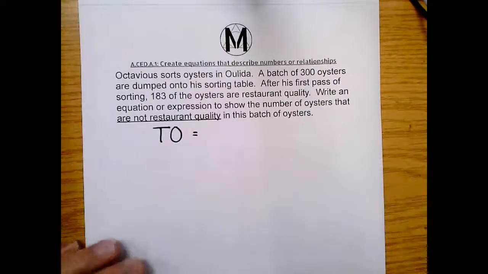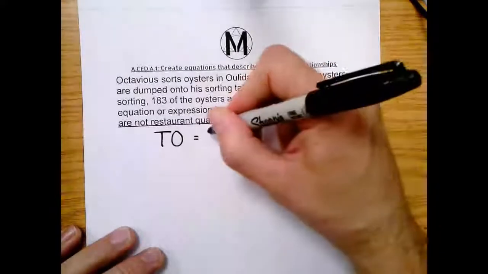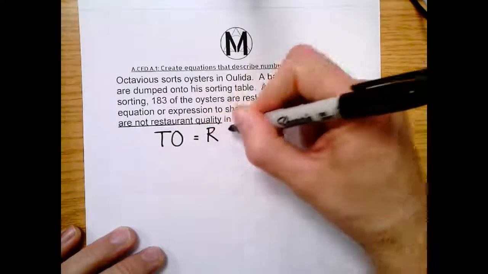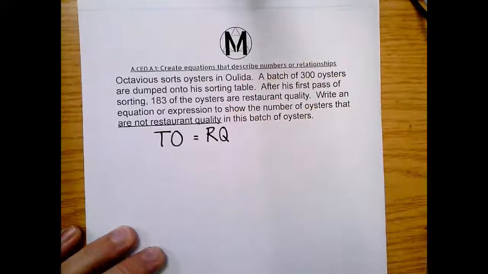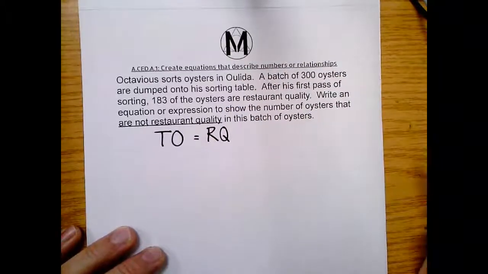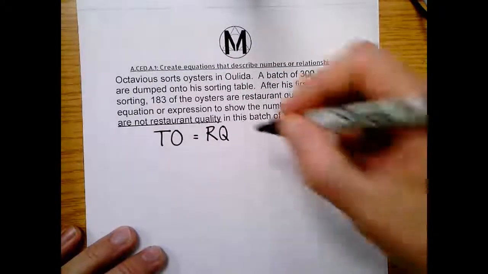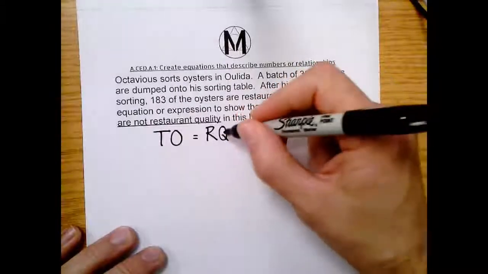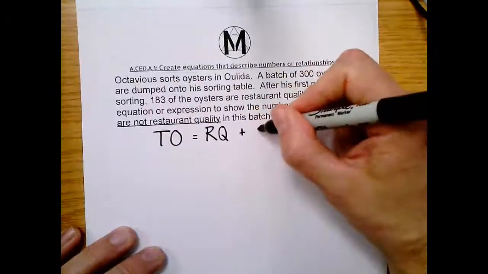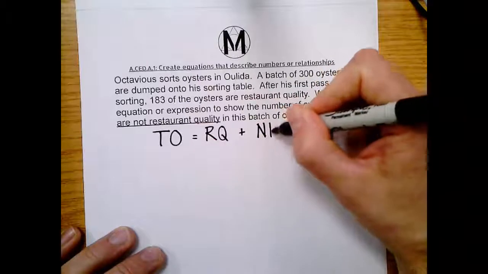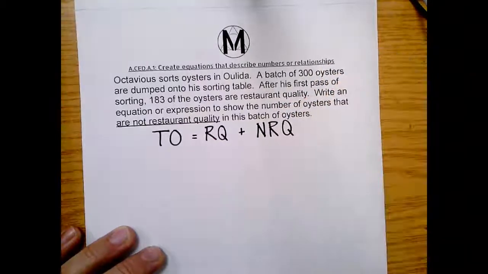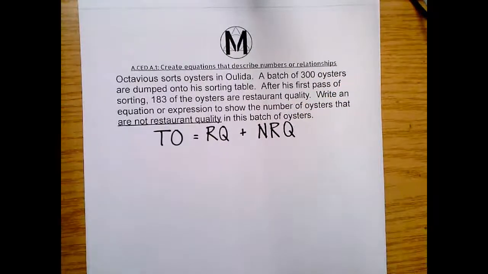Essentially, the first category is restaurant quality. Those are good enough to go to a restaurant. And the other ones are not restaurant quality. So if this is restaurant quality, we'll say this is not restaurant quality.